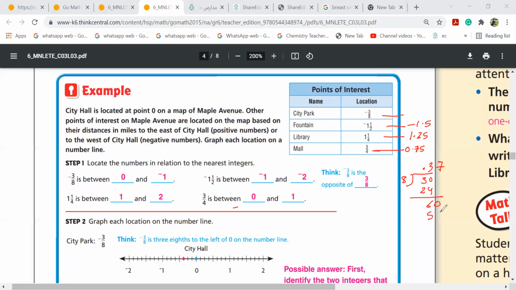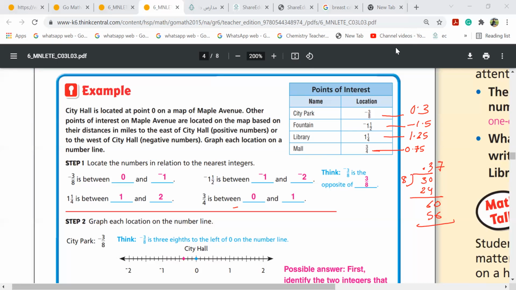Am I wrong? So you got almost 0.3. This is very small, so 0.3 is somewhere close to 0, somewhere here, right?